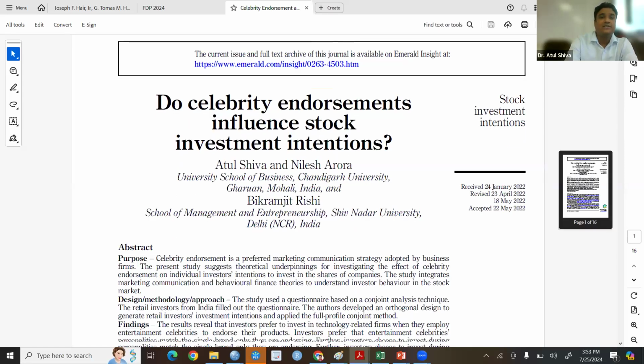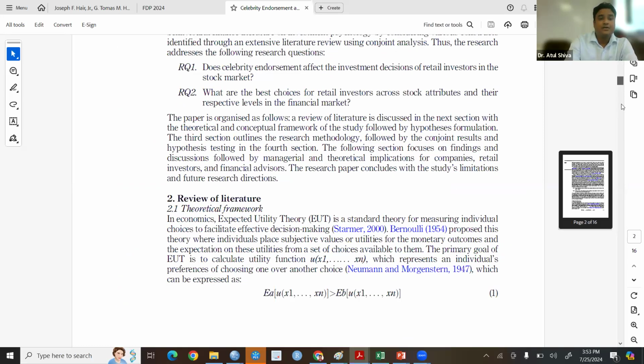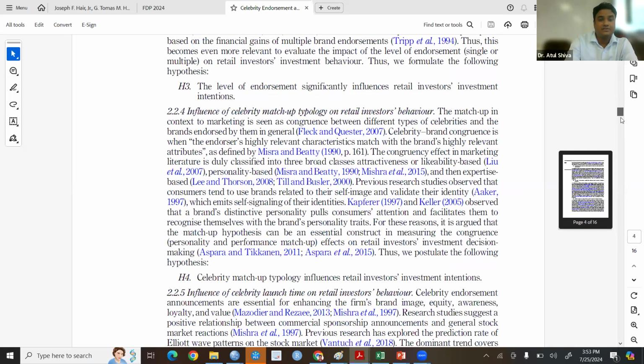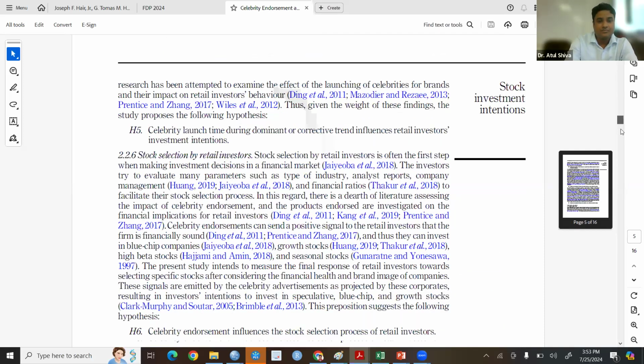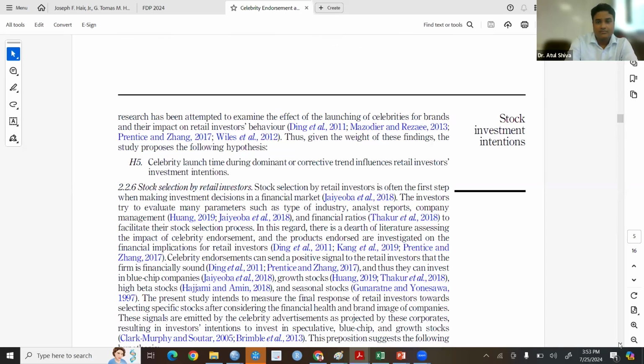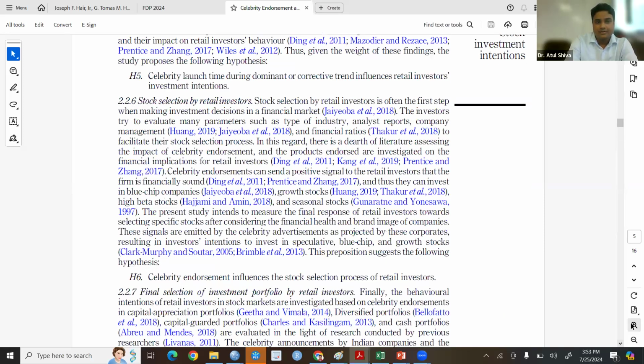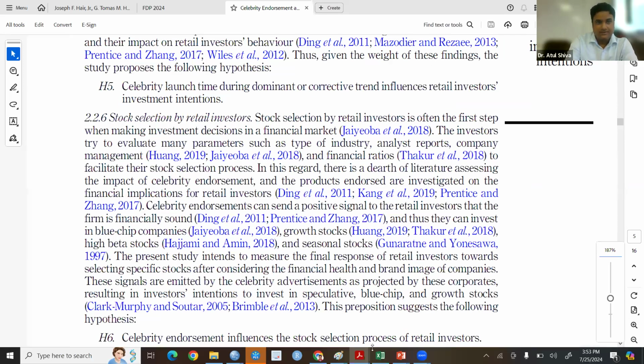How celebrities like Amitabh Bachchan affect investment decisions. Look at this one paragraph, how it is written, 15 to 20 lines.